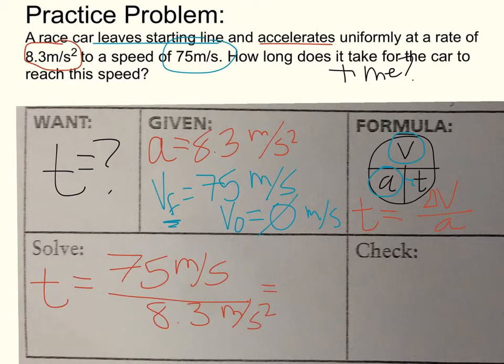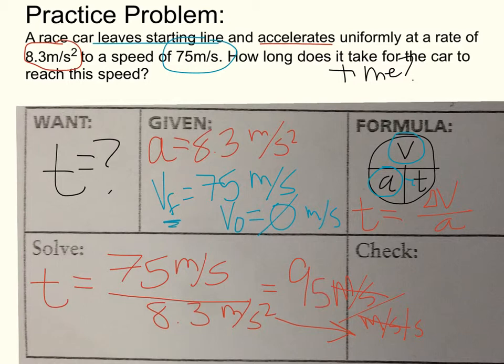So when we do the division, 75 divided by 8.3, we end up with 9. And when we cancel out our units, it's kind of tricky, but meters per second divided by meters per second, that's really what meters per second squared is. We can cross out the meters per second and the meters per second. They cancel out. And so you're left with just seconds.